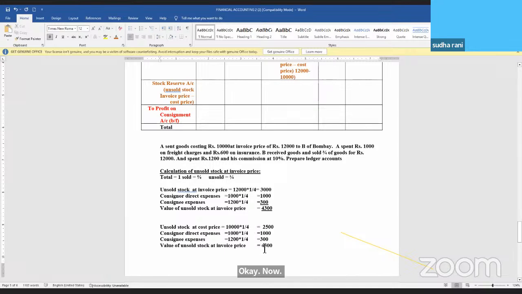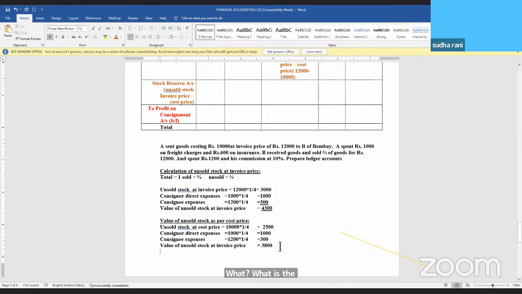సో ఇప్పుడు ఎంత అయింది? ఇది 3,800 అవుతుంది. ఇది అన్సోల్డ్ స్టాక్. Cost price, right? What is the difference?